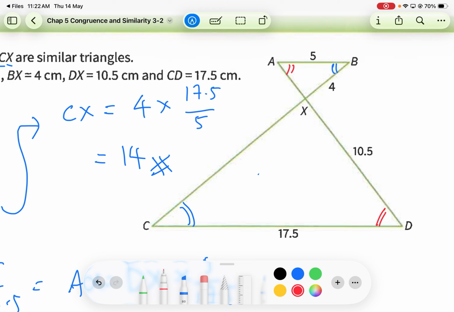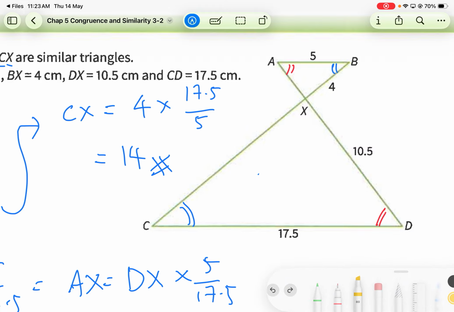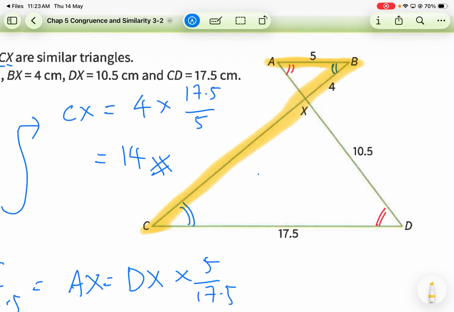What can you say about this line? Or this line? Yes.